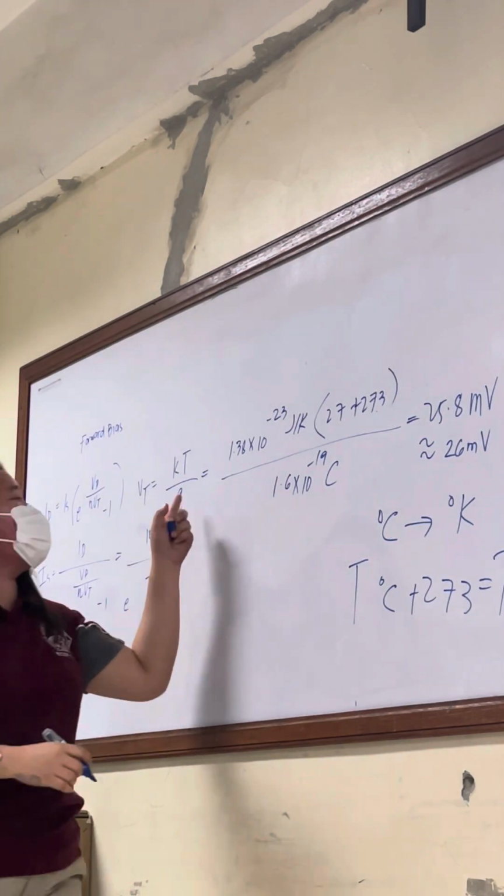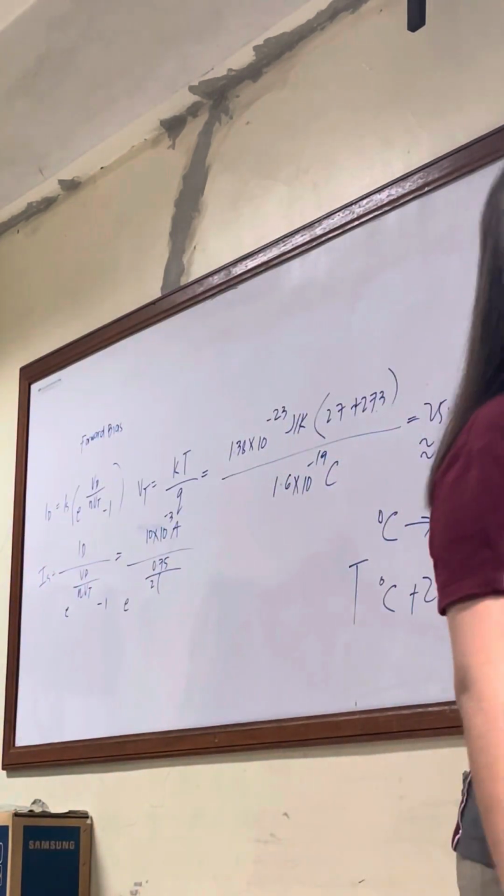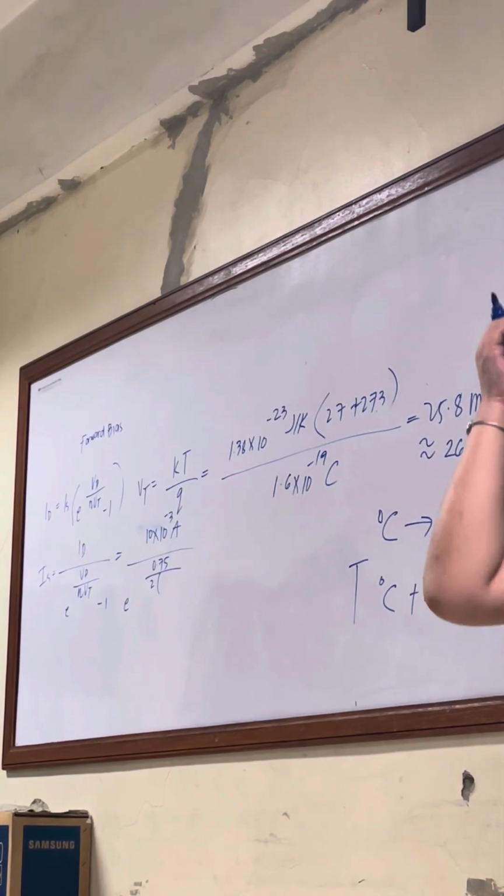VT is KT over Q. K is 1.38 times 10 to the negative 23, multiplied by T, room temperature, 27 plus 273. Sometimes 25 is used as room or ambient temperature. Here I only used 27, but if your exam states 25 ambient, use 25.